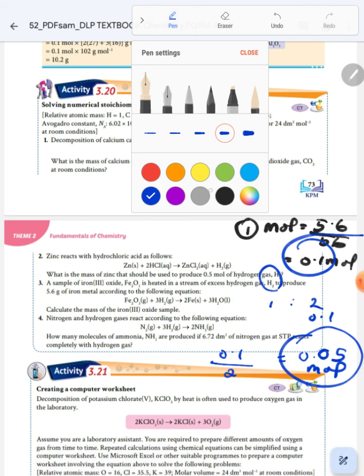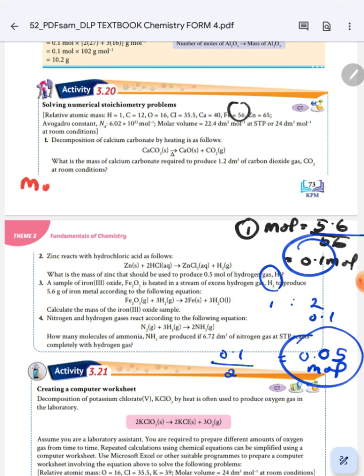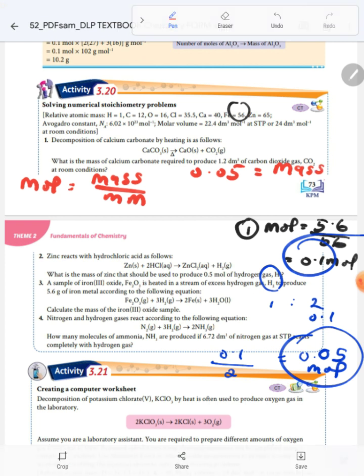So how to calculate the mass of iron 3 oxide? Use again the formula: mole equals mass over molar mass. Mole is 0.05, equals mass, which is the unknown we want to find, divide by the molar mass of iron 3 oxide. What is the molar mass of iron 3 oxide?